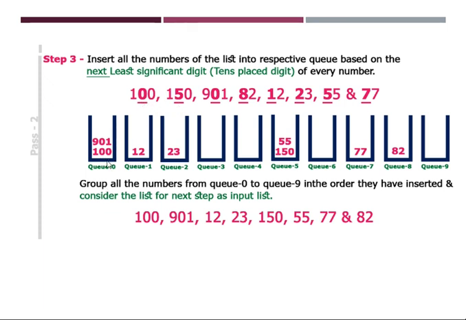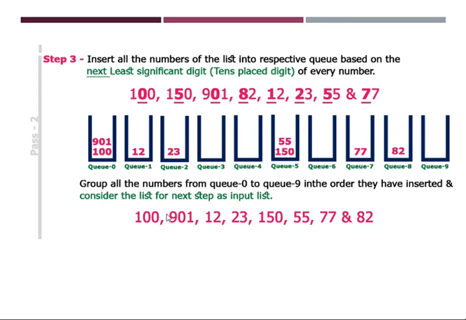So 100 goes to Q0 again, 150 goes to Q5, 901 goes to Q0 again, 82 goes to Q8, 12 goes to Q1, because we are looking at the next digit. Then 23 goes to Q2, 55 goes to Q5, and 77 goes to Q7.